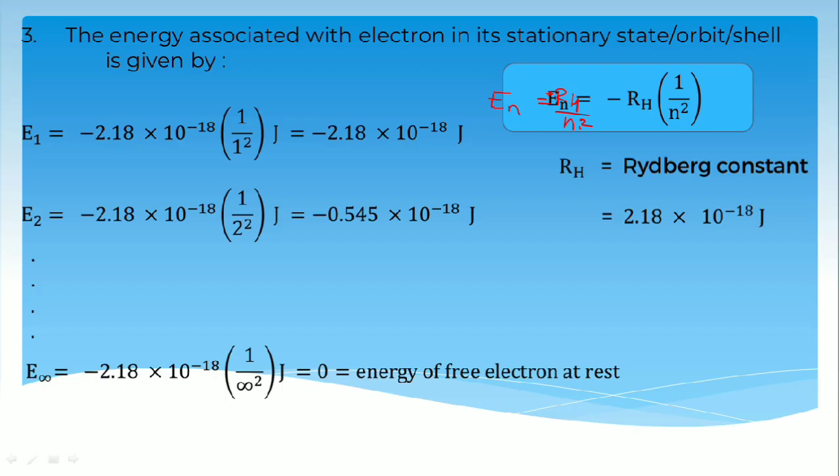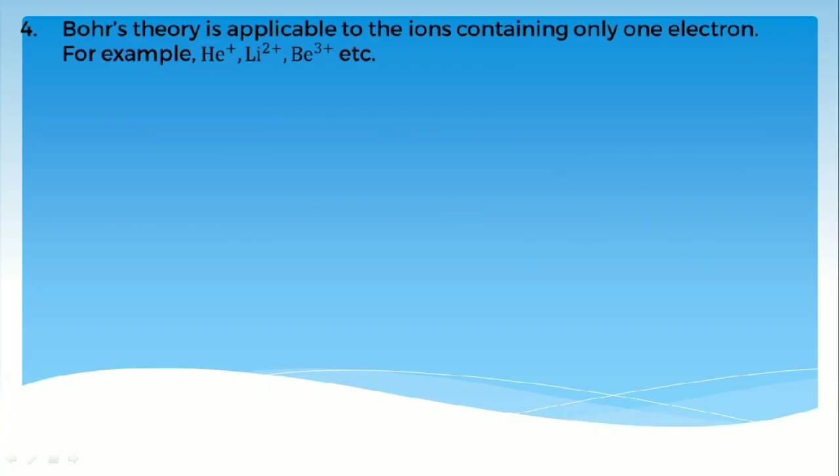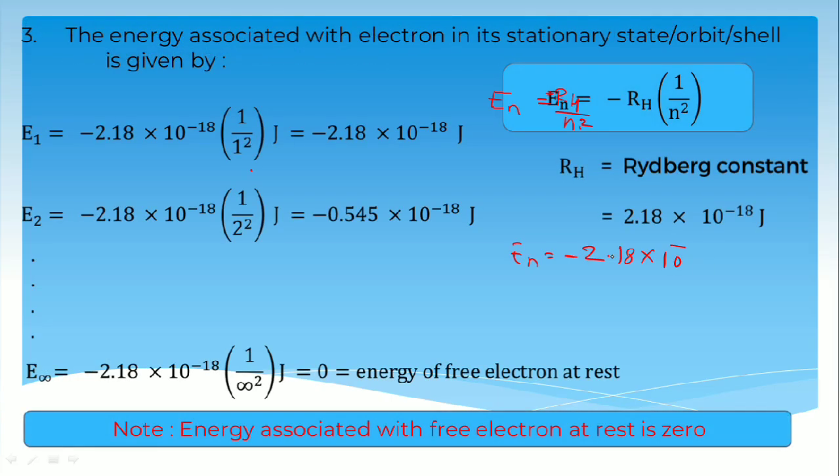So we can also write it as En equals minus 2.18 into 10 to the power of minus 18 Joule, times 1 by n square.